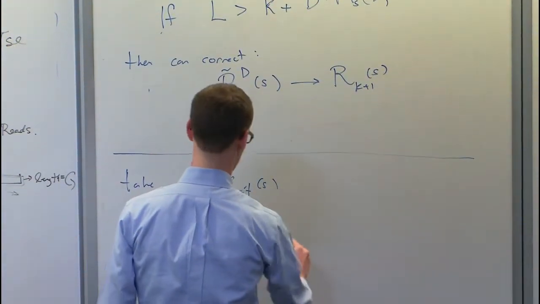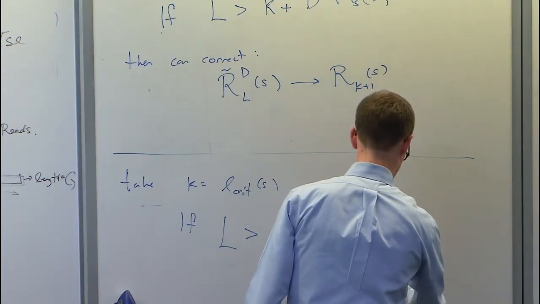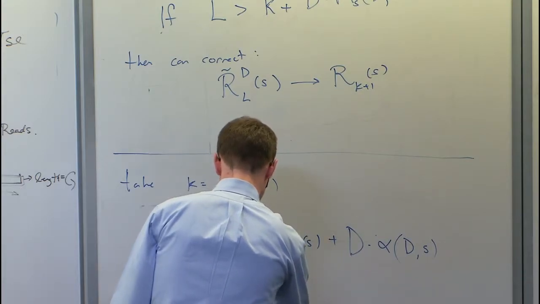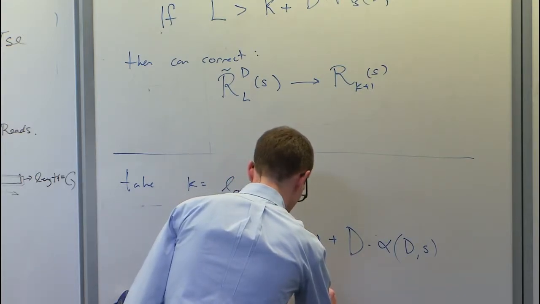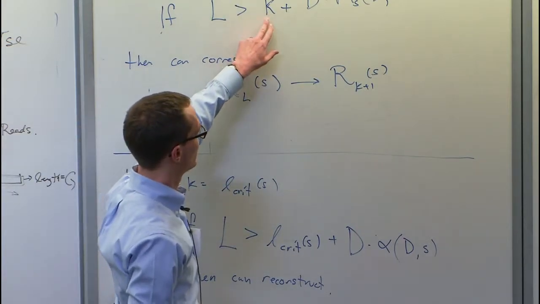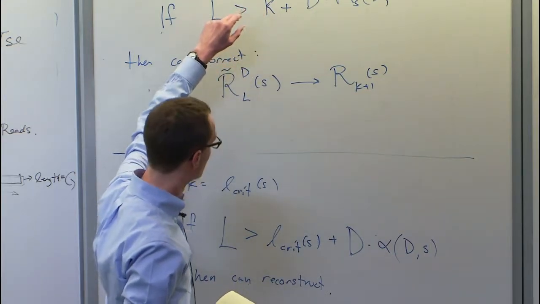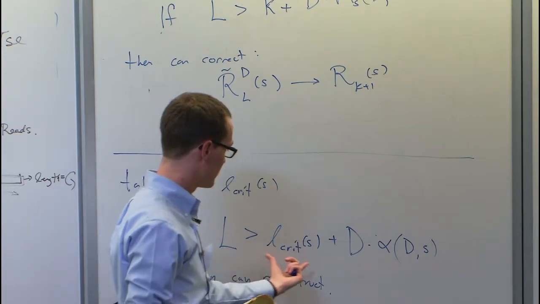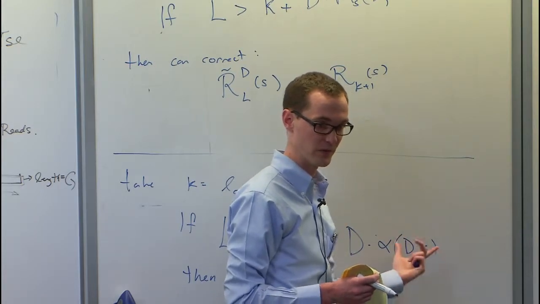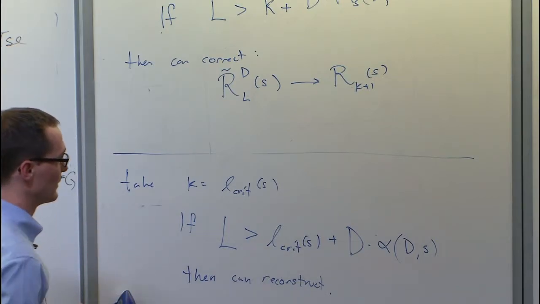If L greater than... Okay, so as a corollary, basically if I take K equals my critical read length that would be needed for the reconstruction in the error-free case, basically if my read length is greater than that critical length plus D times some multiplier here, which for now just think of it as a small number, it's going to be like 2, 3, then basically what I'm able to do is clean up that spectrum and then assemble the sequence.